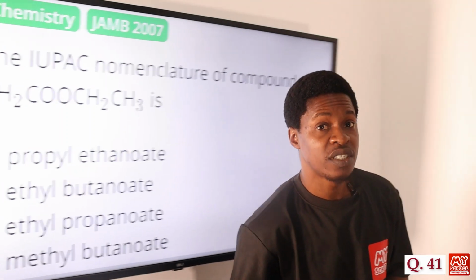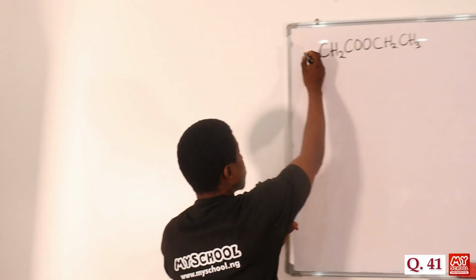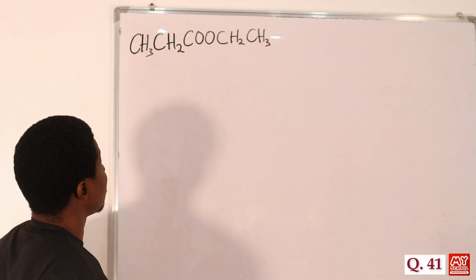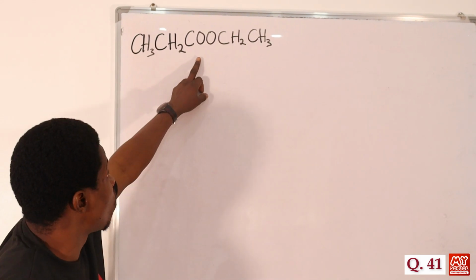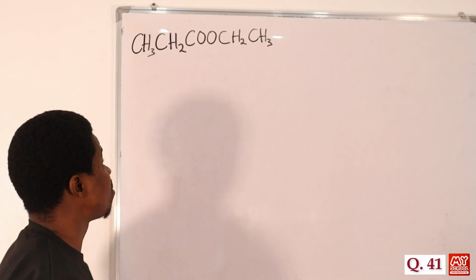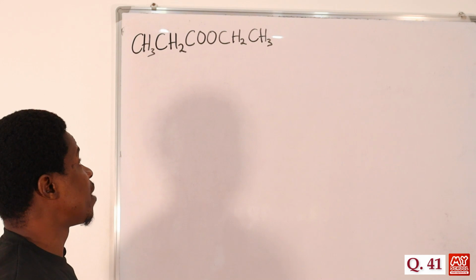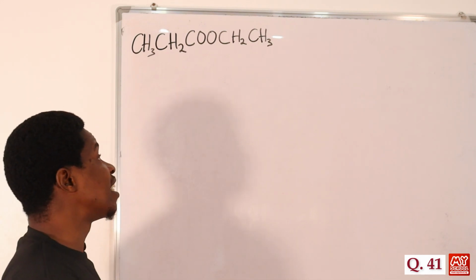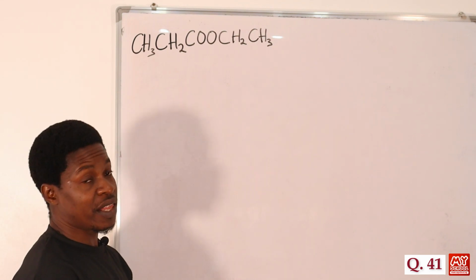Let's move on to the board and try to draw out the structure. CH3CH2COOCH2CH3. So we want to see the IUPAC name. When you want to name the IUPAC nomenclature, first of all, we must identify the functional groups that we have in there.